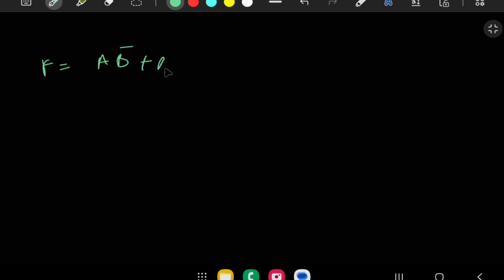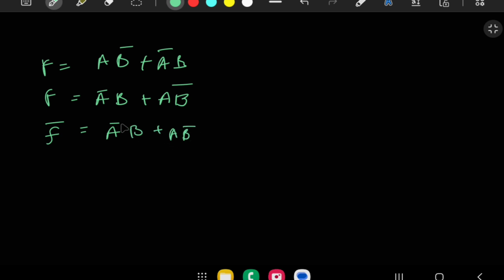AB bar plus A bar B. This is actually your XOR, so the complement will be XNOR: A bar B plus A B bar. So now this whole complement will be A B bar. This whole complement will become A plus B bar, and this whole will become A bar plus B.